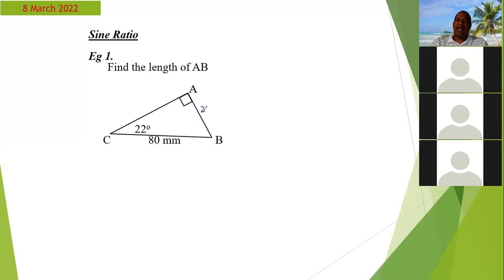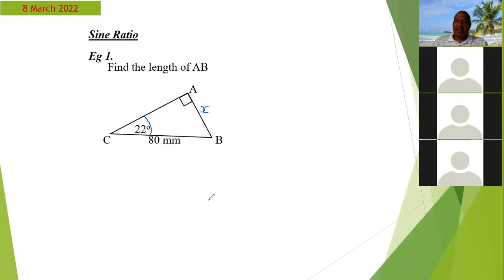So let's call the side AB X. All right. Now we want to find that side X. And the angle that we know is the angle C. And we know that that angle is 22 degrees. And the side that we know would be the side CB.